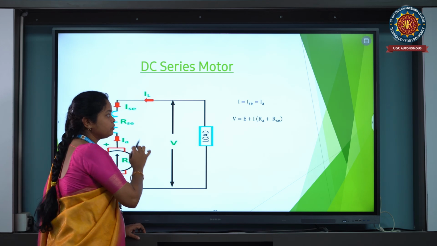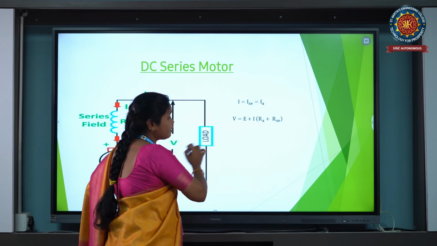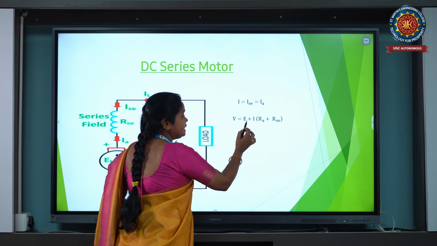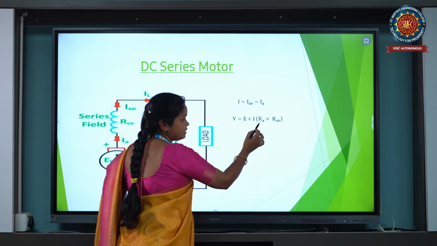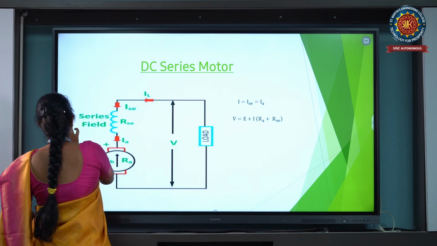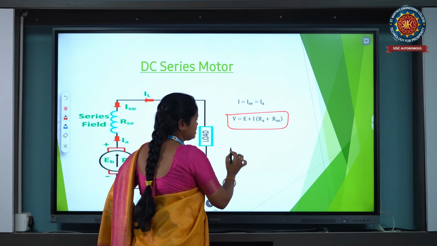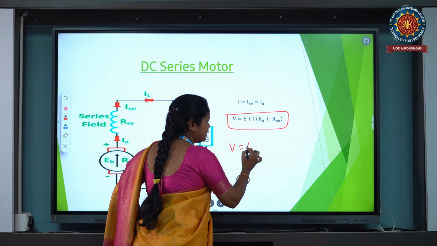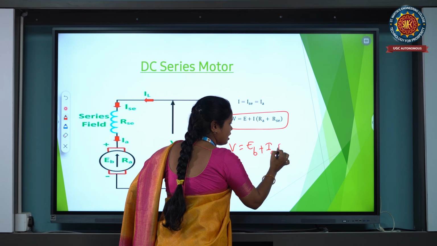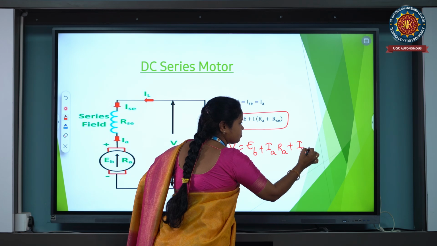According to KVL, the algebraic sum of the voltages around a closed circuit is equal to 0. V = E + IA RA + ISC RSC.